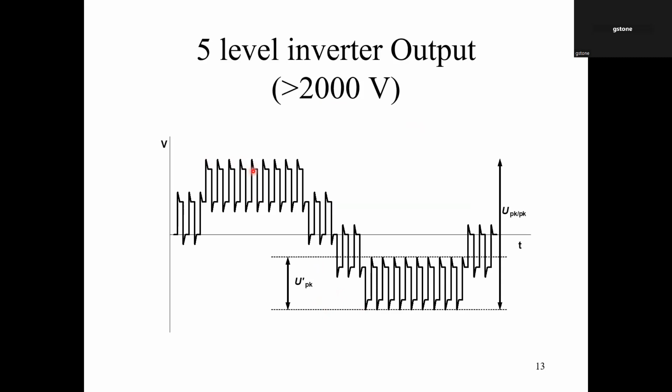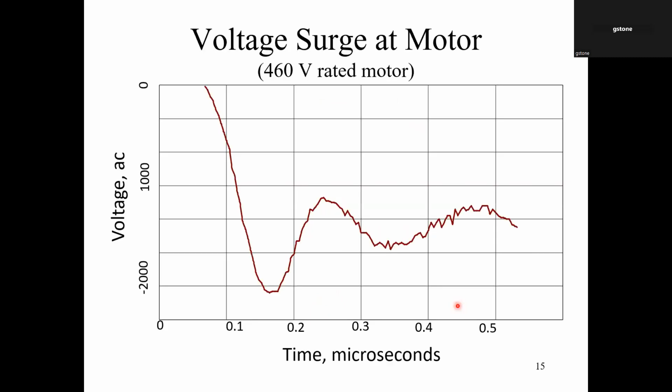I'm calling this 5 levels. Some people might call it less than that, depending on how they define 0. But this is level 1, level 2, ground, level 3, level 4, level 5. Okay, so you have more levels, and sometimes this actually will help us in terms of the nature of the impulses that strike the winding.